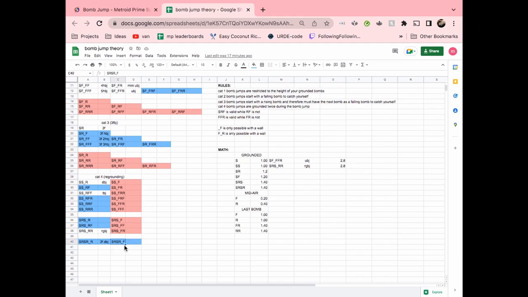SRSRF. So instead of laying a bomb at the peak of your jump, you would lay it somewhere on the way up and hit it on the way back down. And these are almost essentially the exact same timing, except this one is possible because of the extra height from the double 3-frame, but it's still not very useful.